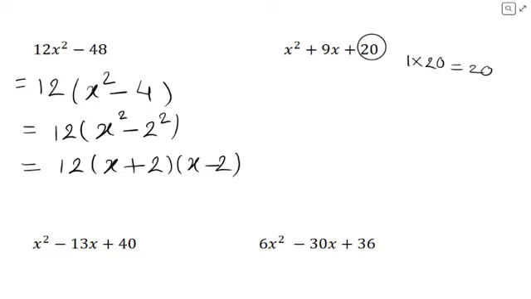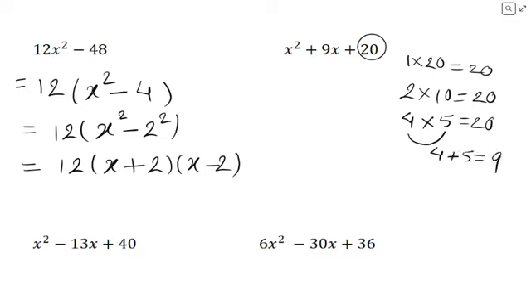Second factor is 2 times 10, which is also 20, but 2 plus 10 is 12. We are looking for 9. And next could be 4 times 5, which is 20, and 4 plus 5 is 9. This is what we are looking for.